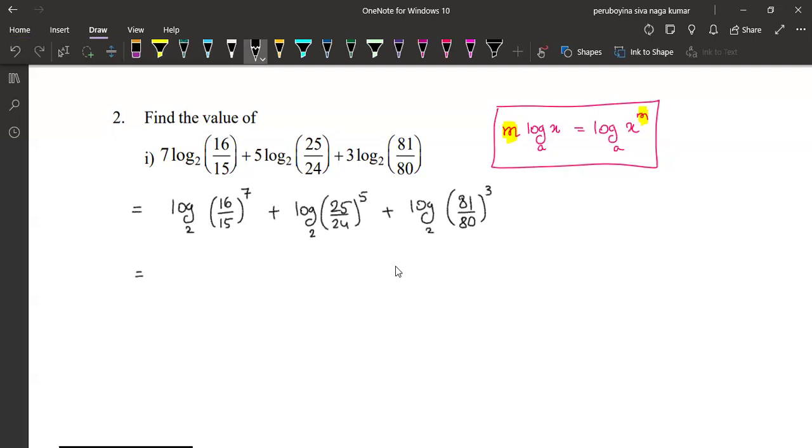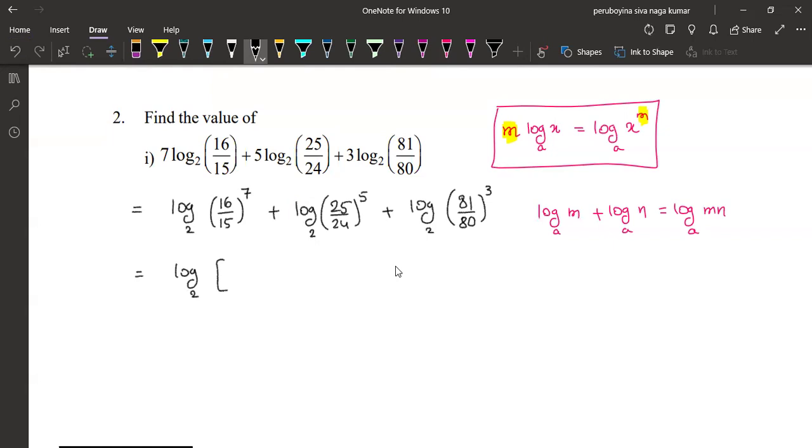Fine. Now you can use one more property in this step. If log m base a plus log n base a is there, you can write log of m into n base a. So therefore, all logarithms have the same base.